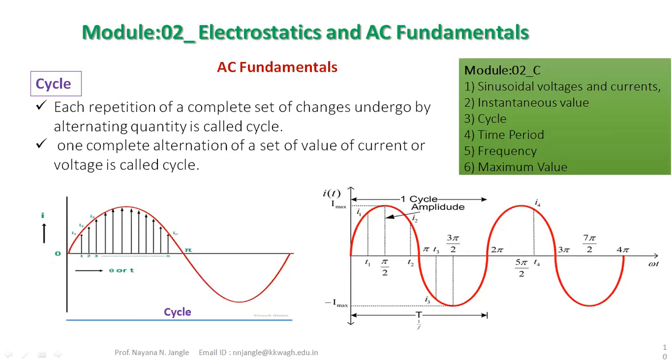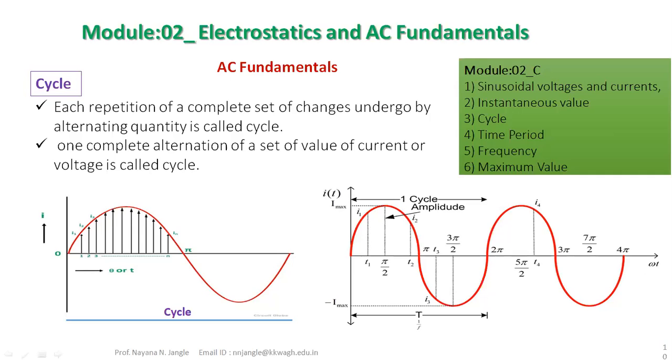So let us see what a cycle is. A cycle means the repetition of a complete set of changes, in magnitude as well as direction. Each repetition of a complete set of changes which an alternating quantity undergoes is called a cycle.